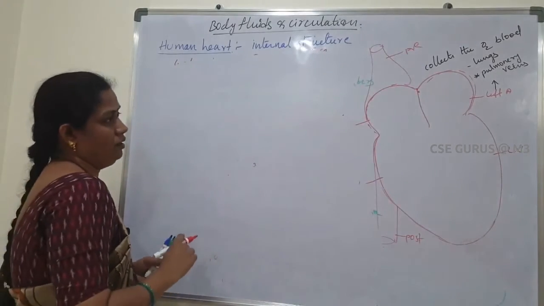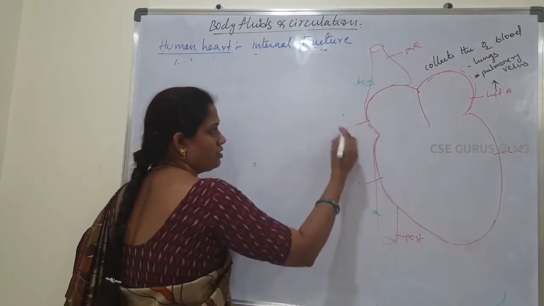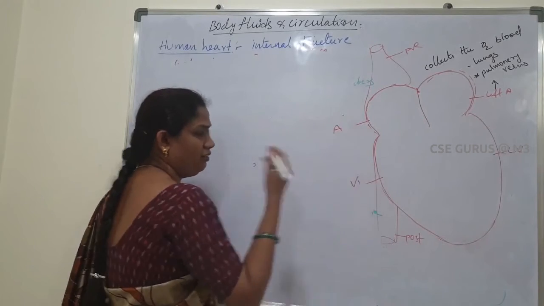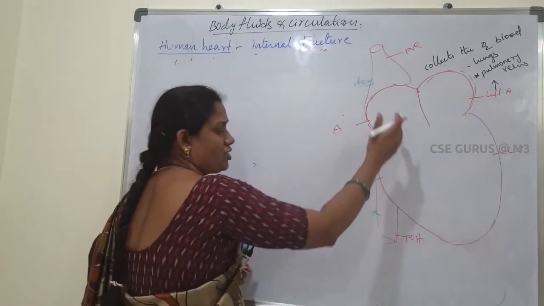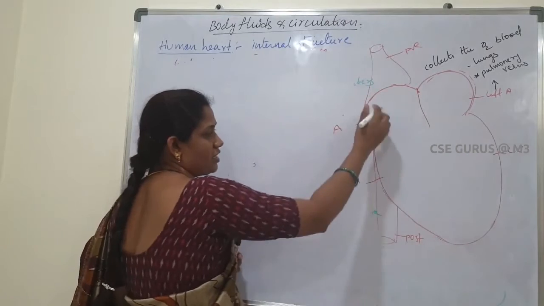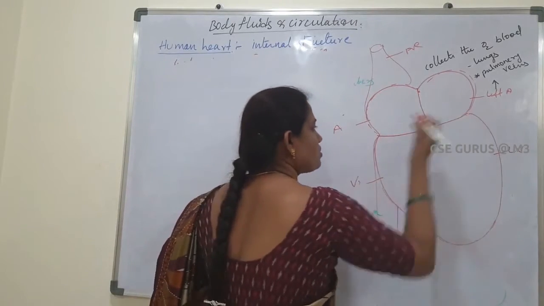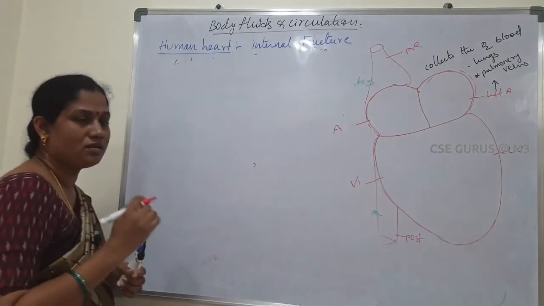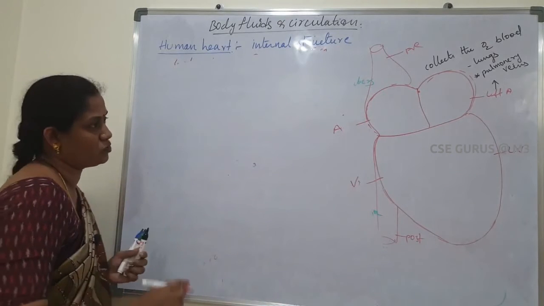Next, the atria and ventricles. Here these are atria and ventricles. Internally, the atria and ventricles are also separated by the interauriculoventricular septum.